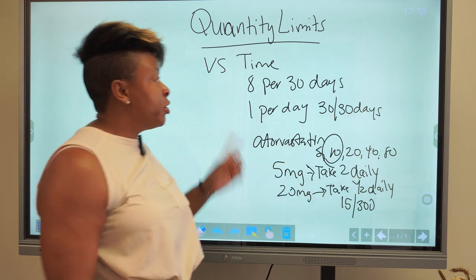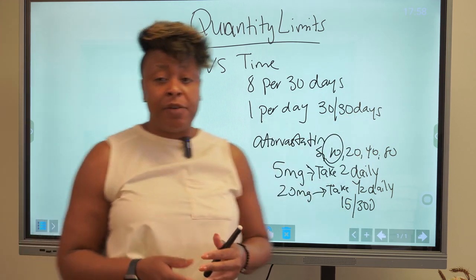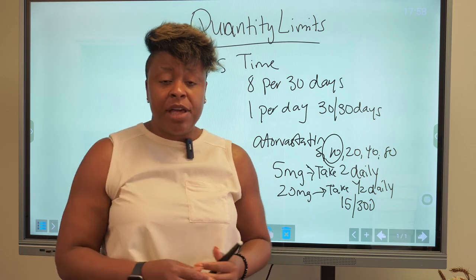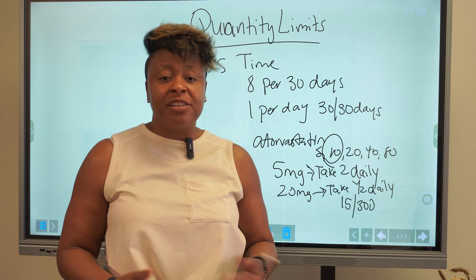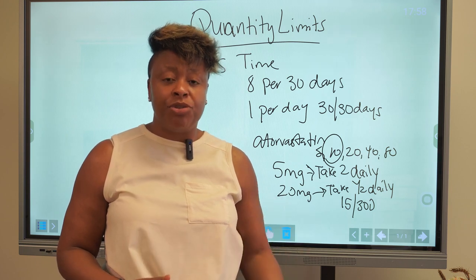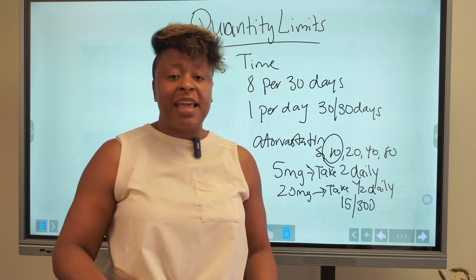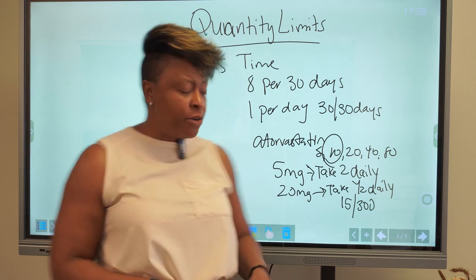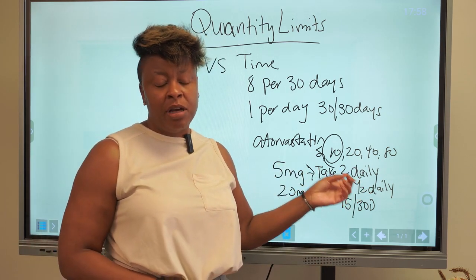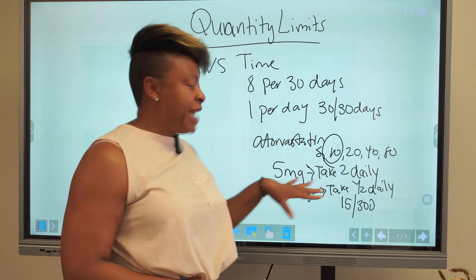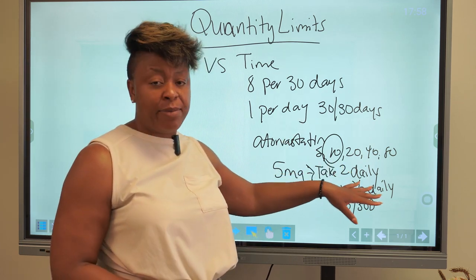Okay, so when it comes to quantity limits, once you get to the pharmacy counter, if they tell you that the insurance company is not paying for that particular quantity, ask the pharmacy, did the insurance company tell you in the reject message how many they actually will cover? So in this example with the atorvastatin, we know they're only going to cover 1 tablet per day, and it's got 2 tablets per day.